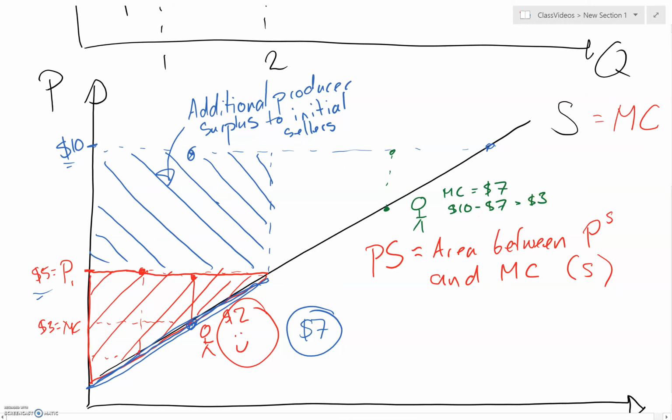Remember, the math is easy. The new bit for you will be understanding the interpretation of the math in relevance to economics. So we have some sellers along this part of the supply curve which didn't sell before, and now they're selling. So now we need to include the area of this triangle in here.